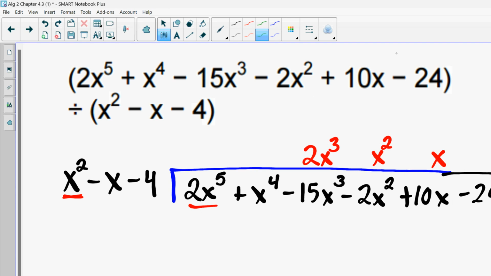And 2x cubed times negative 4 is negative 8x cubed. And again, we're going to come over and line this up. 2x to the 5th minus 2x to the 4th minus 8x cubed.